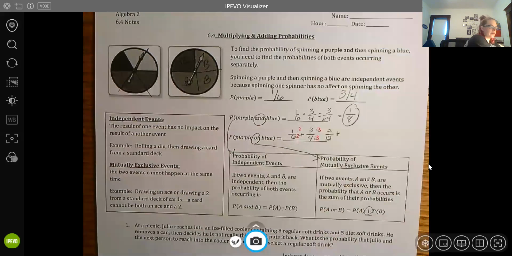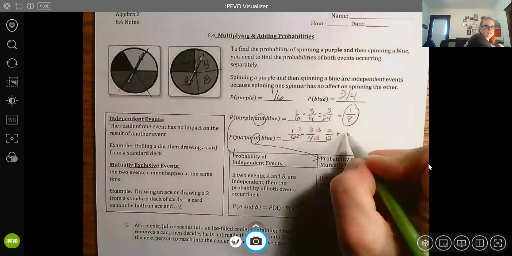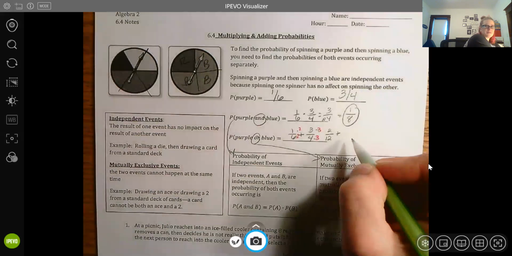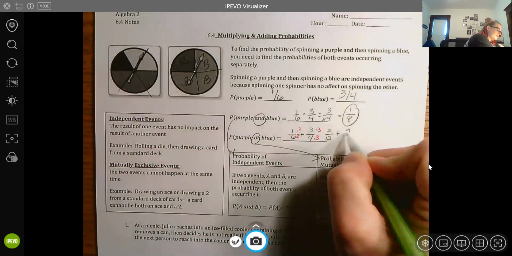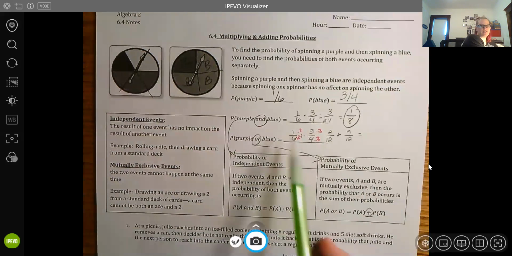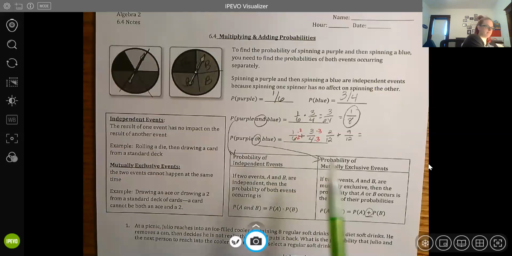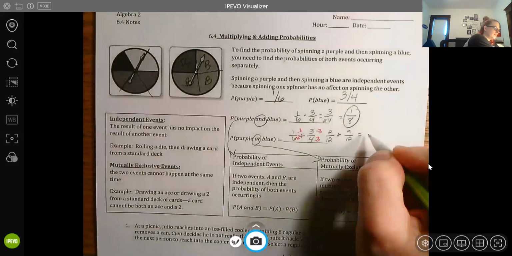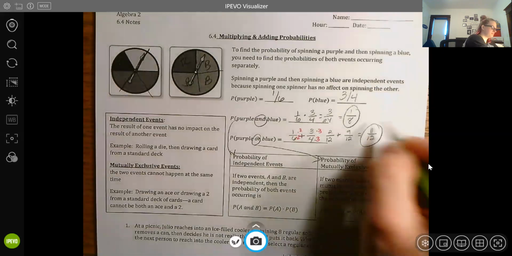So this is just adding fractions. You did this late elementary, early middle school. So you get 9/12. Now, when you add fractions, just add the tops, keep the bottom the same. And we get 11/12.